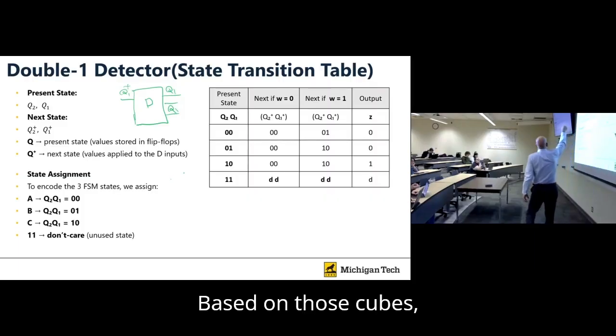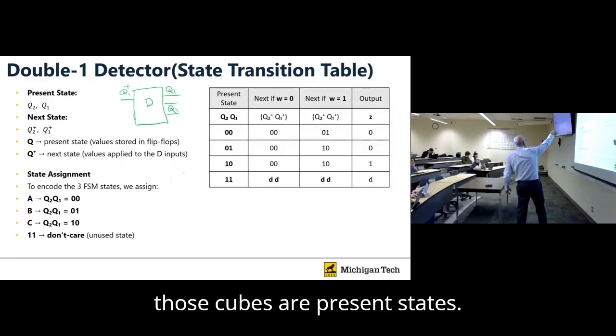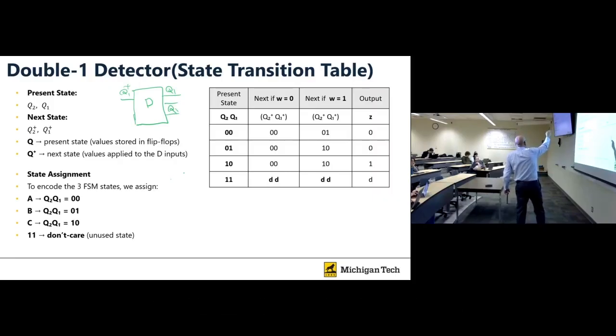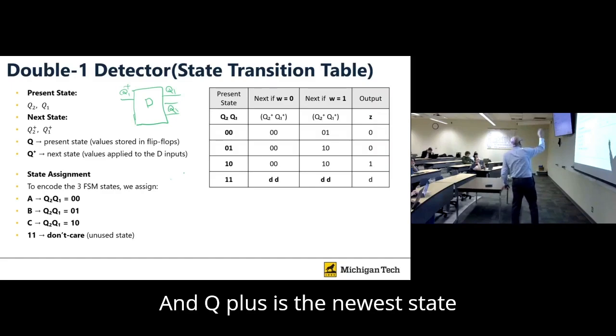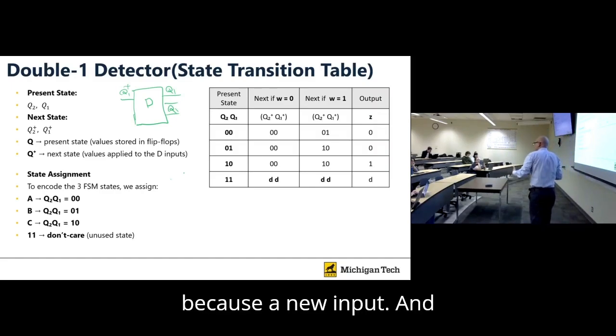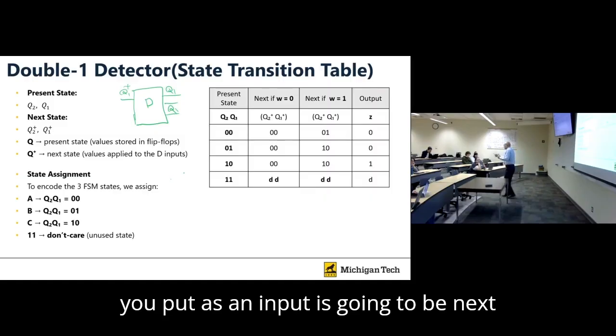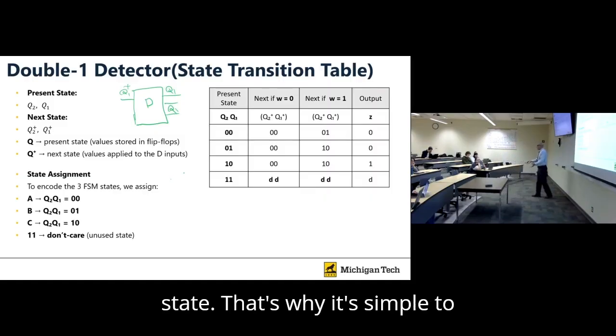The Qs are present states, and Q plus is the newest state because of the new input. And a D flip-flop is like that: anything you put as an input is going to be the next state.